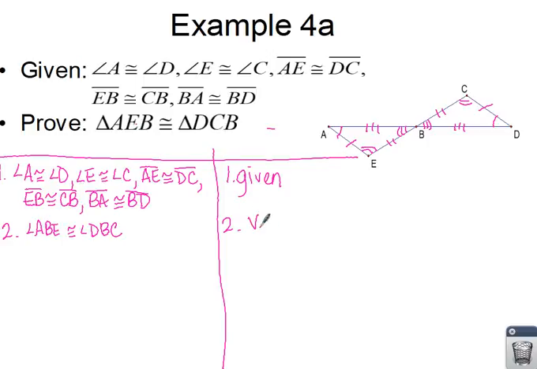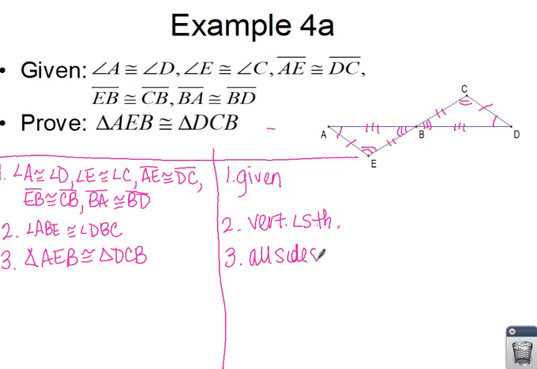Okay, and that's by vertical angles theorem. Alright, so now our triangles have three sides congruent, three angles congruent. So we can say triangle AEB is congruent to triangle DCB because all sides and angles are congruent.